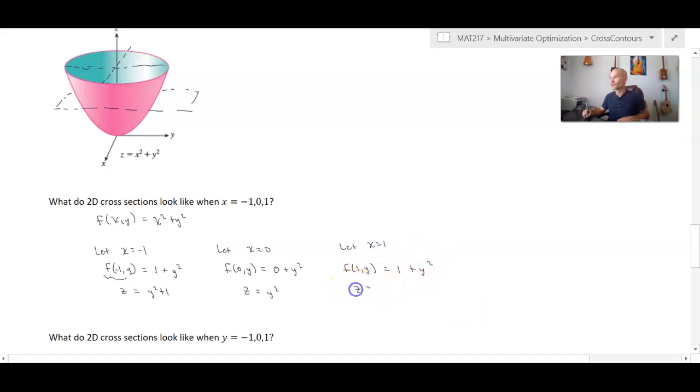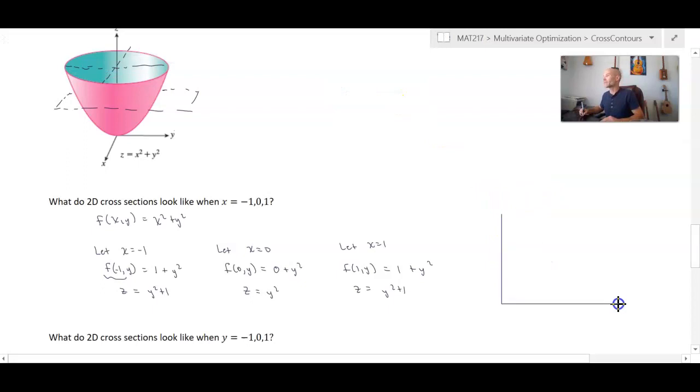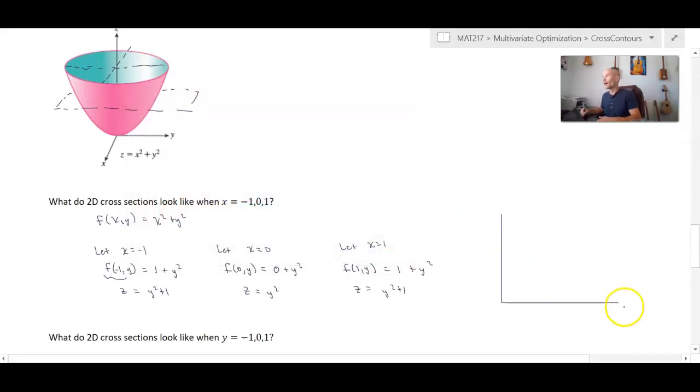And this is the function z equals y squared plus 1. Now don't let the z and the y throw you off, because when I graph that, my axes are just going to be labeled. Instead of x and y, my input is called y, my output is called z.